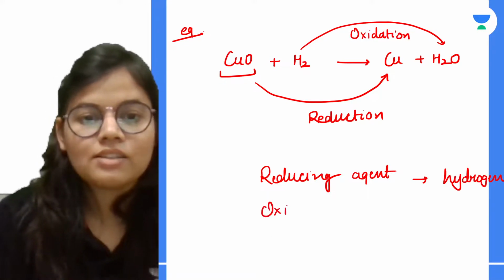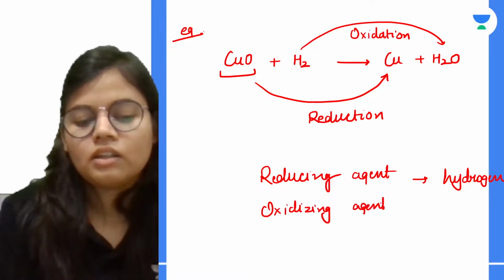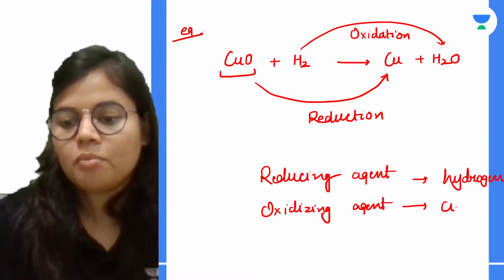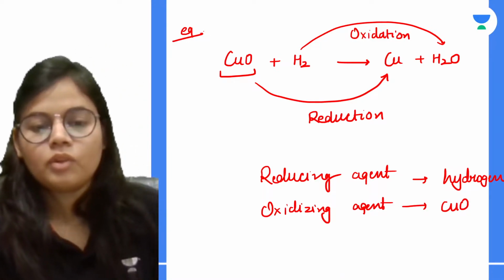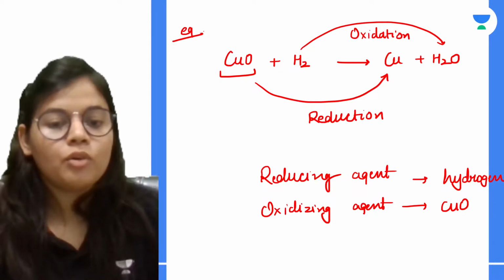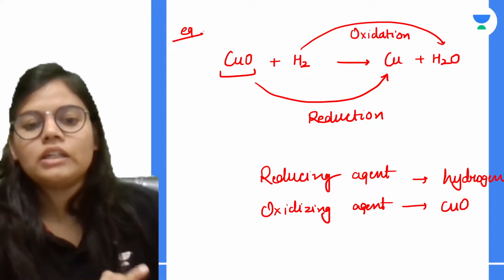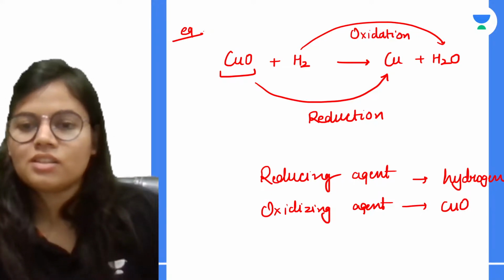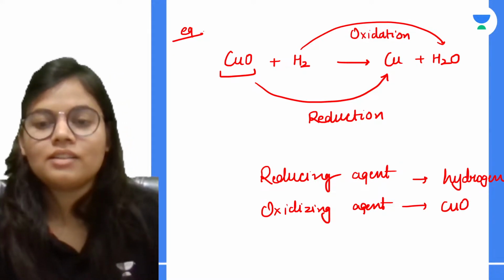And the oxidizing agent is copper oxide. I hope you understood this. This was a very short and quick class about the oxidation and reduction process, and I hope you did understand everything that we learned.